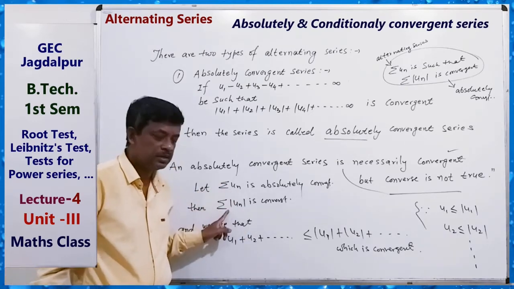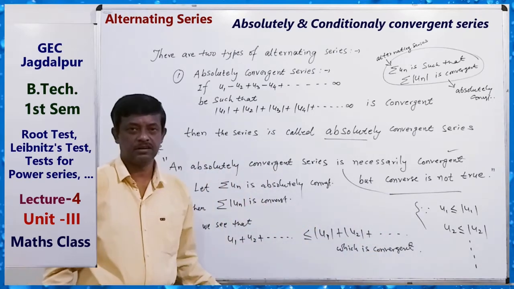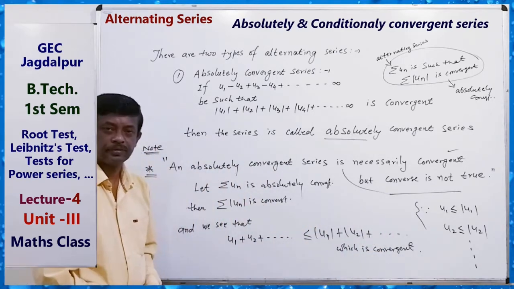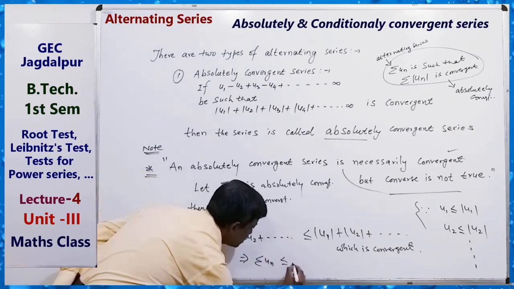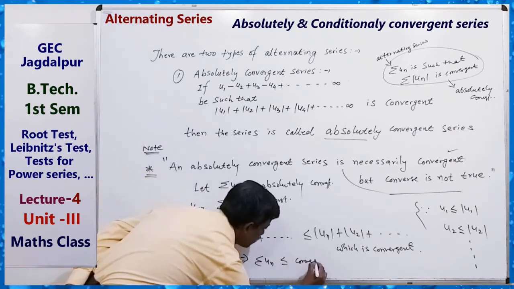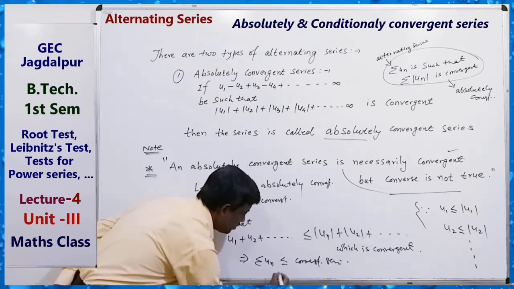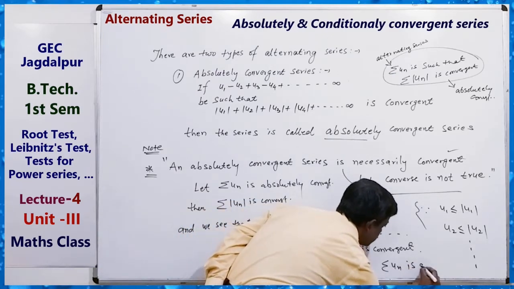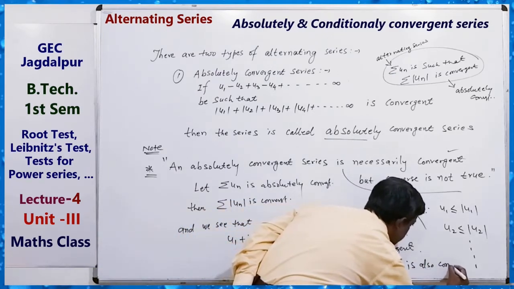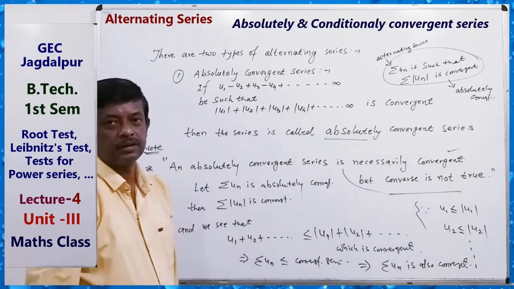This implies summation un is less than or equal to a convergent series, which implies summation un is also convergent.